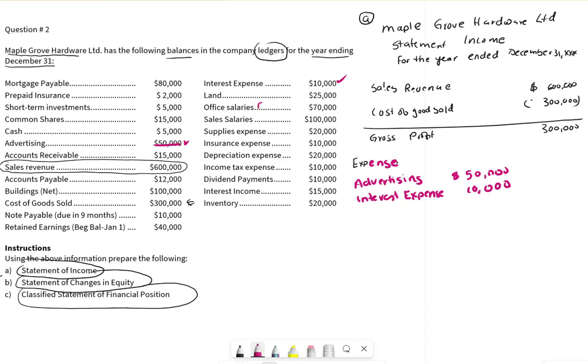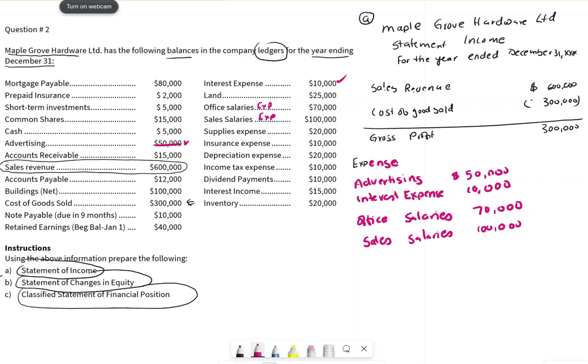We have an office salary, that's an expense. Sales salary is also an expense. For my office salaries, that is your $70,000. Then we have my sales salary. We have two types of people who work in the factory, and they both are in the admin staff. One is office and one is sales. So that is my $100,000.